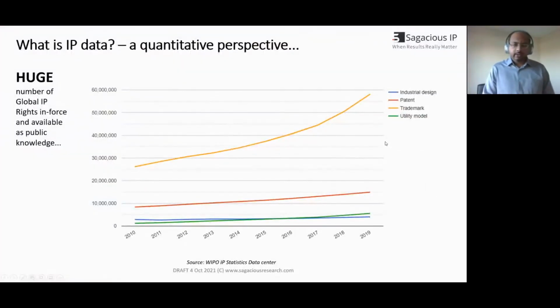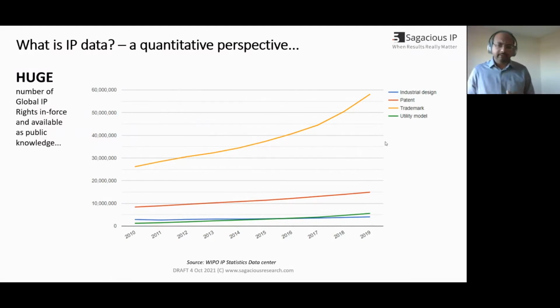Now, when you look at it from a quantitative perspective, you find that there are all different kinds of IP, what we call intellectual property: patents, designs, trademarks, and so on and so forth.